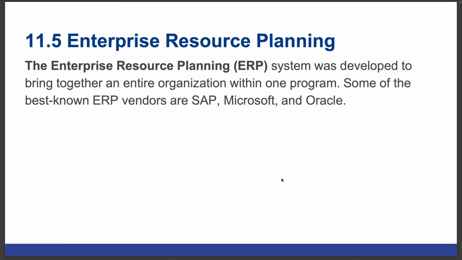We need a system which ties all these things together. For that, we need an enterprise resource planning system. It was designed in the late 70s, and some of the best ERP vendors are SAP, Microsoft, and Oracle.